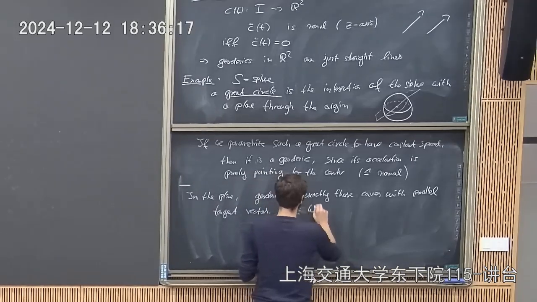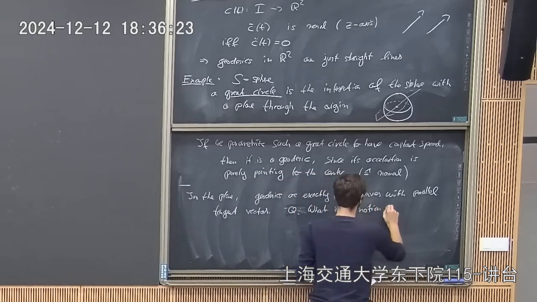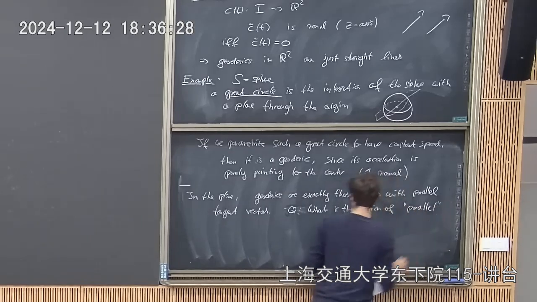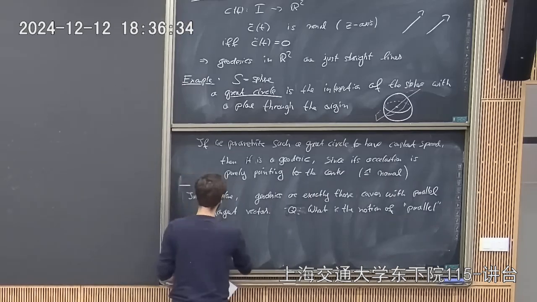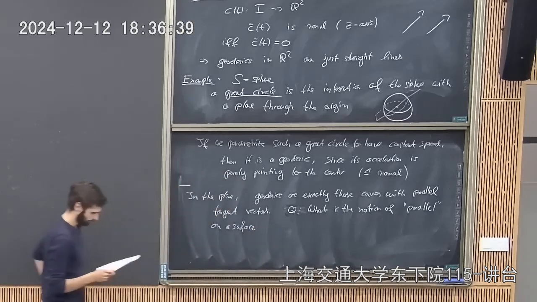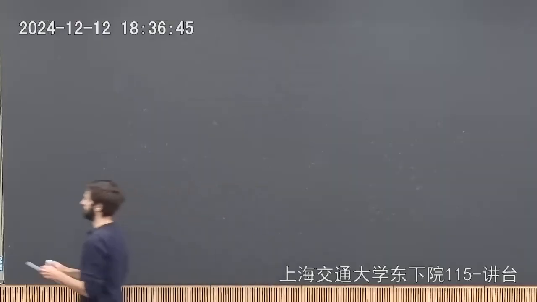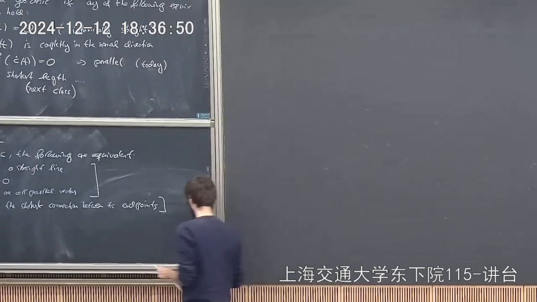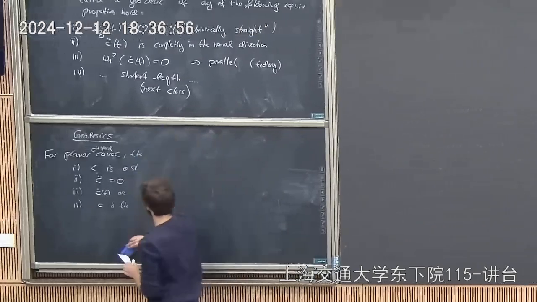The question is, what is the notion of parallel on a surface? First of all, we have to talk about what it actually means to have vectors that are somehow defined along a curve.